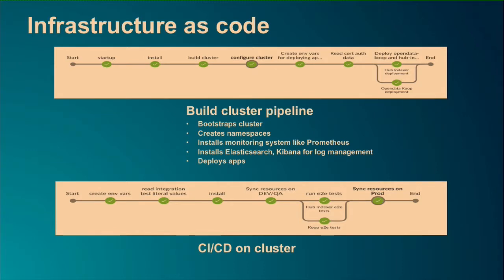A namespace is a logical area where you can deploy a similar set of deployments or pods. It also installs a monitoring system like Prometheus and some log management tools like Elasticsearch and Kibana. And once the deployment is successful, it also deploys the apps.